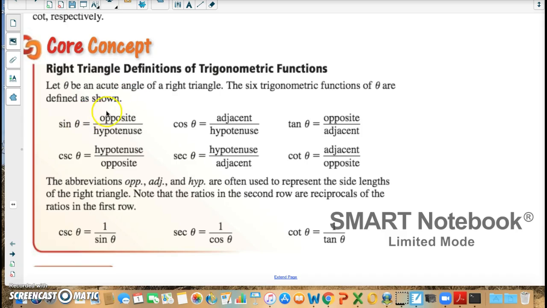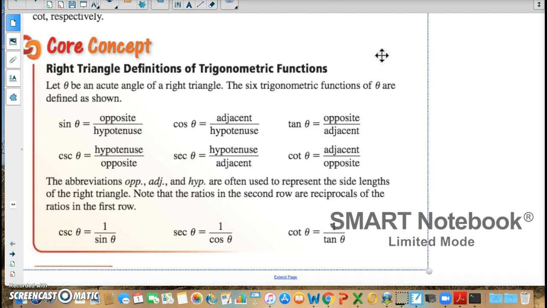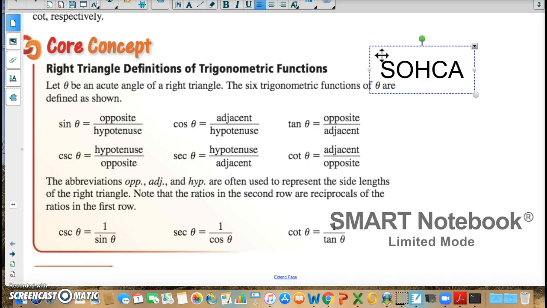And you have sine, which is opposite over hypotenuse, cosine of theta, adjacent over hypotenuse, and tangent of theta, which is opposite over adjacent. And if you recall, we used SOHCAHTOA to help us remember. Sine is opposite over hypotenuse, cosine is adjacent over hypotenuse, and tangent is opposite over adjacent.